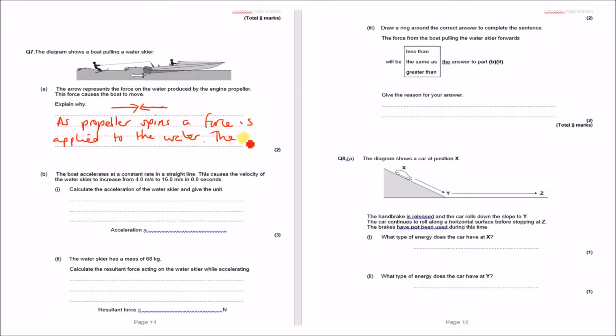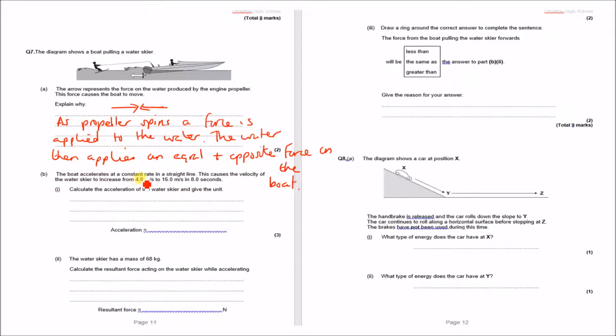The water then applies an equal and opposite force on the propeller or the boat. I'm going to write boat because it's less letters. Okay, and this moves the boat forwards.